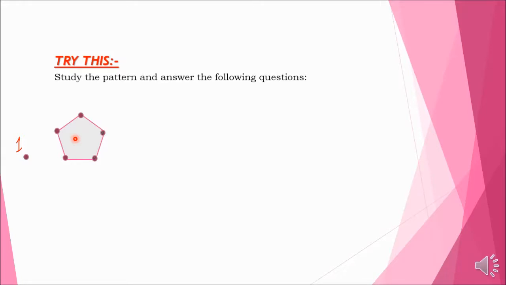Now there are a total of 5 dots. In the next pattern, let's see, again a pentagon. Each corner will be filled with dots.